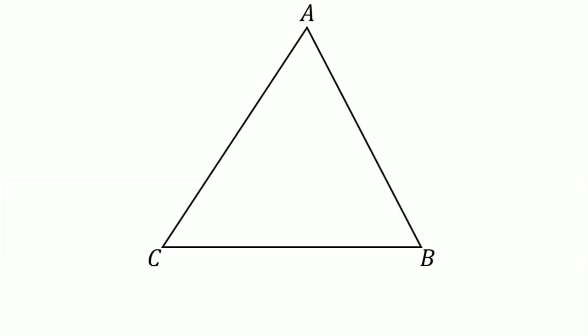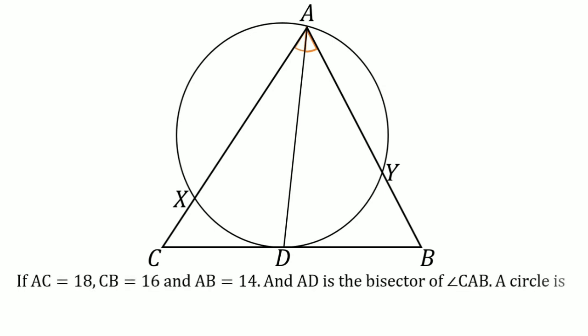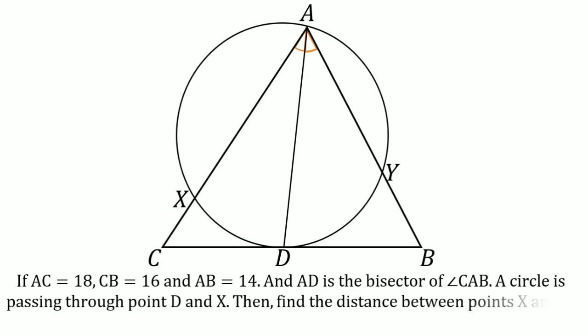So our today's question is: we have a triangle ABC and we draw a line from point A to the side CB which intersects CB at D, so that the line AD bisects the angle A. Now we draw a circle passing through the points D and A of the triangle, and it intersects AC at X and AB at Y. If AC equals 18, CB equals 16, AB equals 14, and AD is a bisector of angle CAB, and a circle is passing through the points D and X, then find the distance between points X and Y and also the radius of the circle.